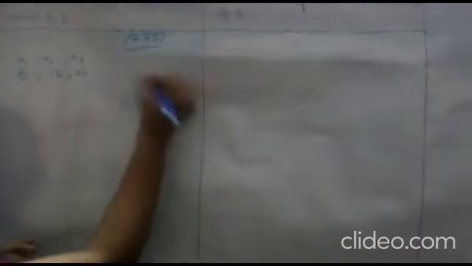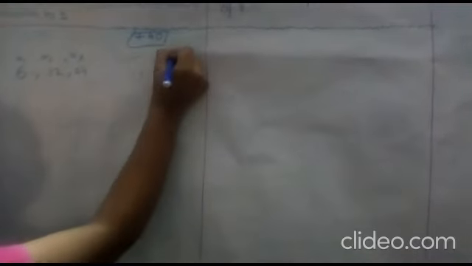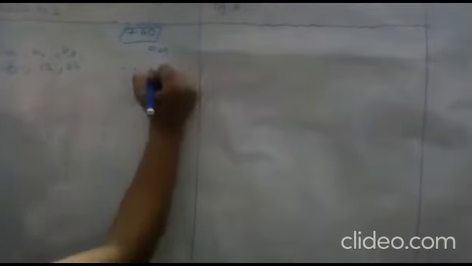That is our A2. Then after that 18 is our A3, and so on. And what is our A40? Then what is our A40? So 40 into 6. How many? 240. So it is our A40.